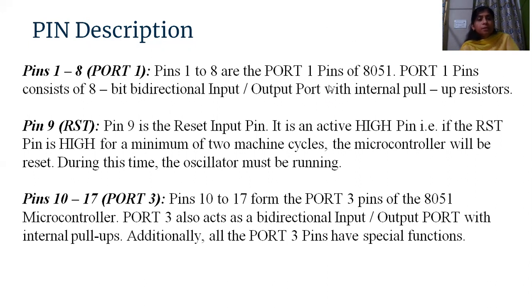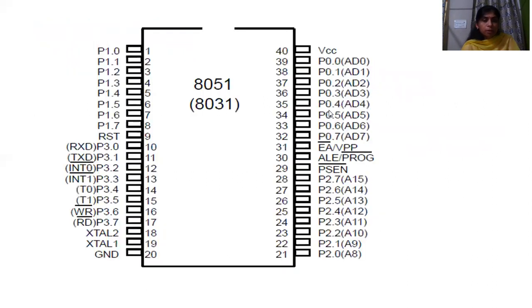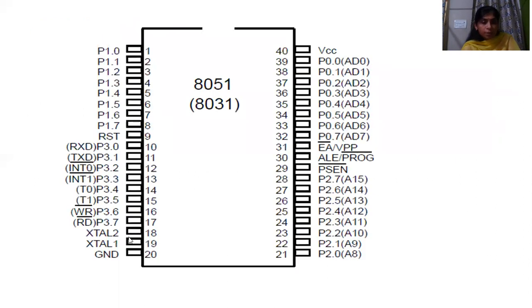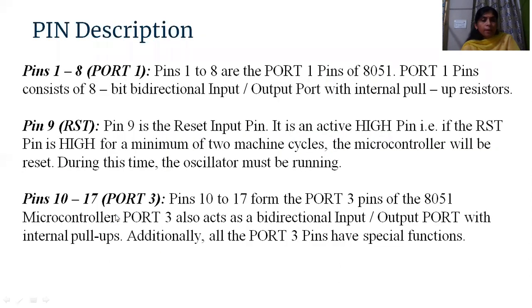Pin number 9 is the reset pin. It is an active high pin. The bar indicates active low pins, and without bar it is an active high pin. If the reset pin is high for a minimum of 2 machine cycles, the microcontroller will be reset. During this time, the oscillator must be running, and for the oscillator, the 18th and 19th pins are provided.